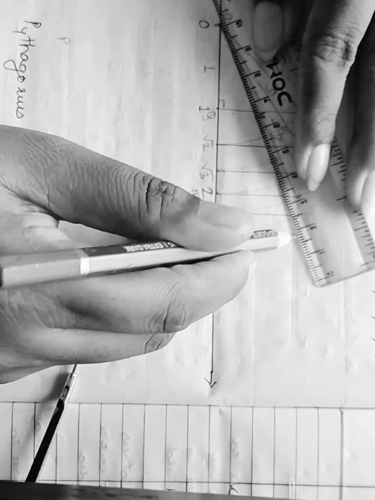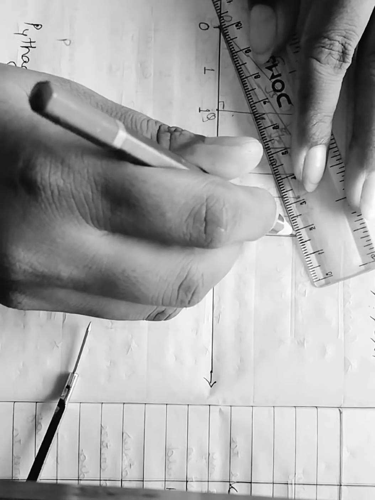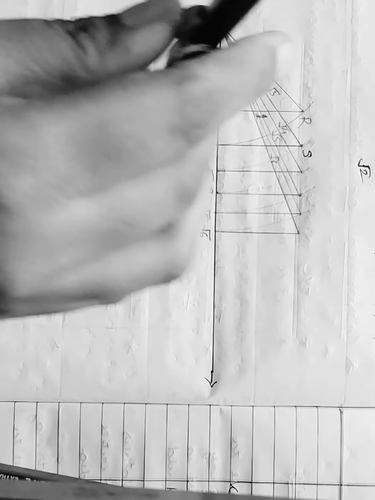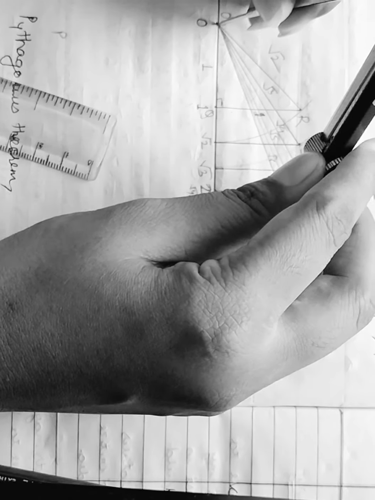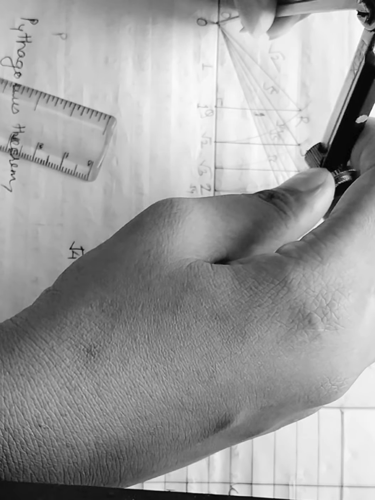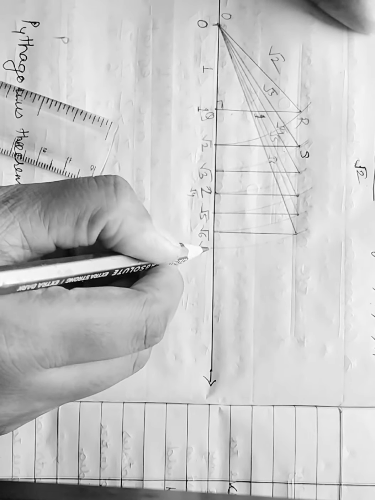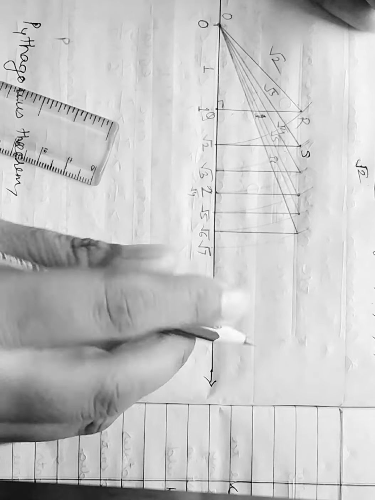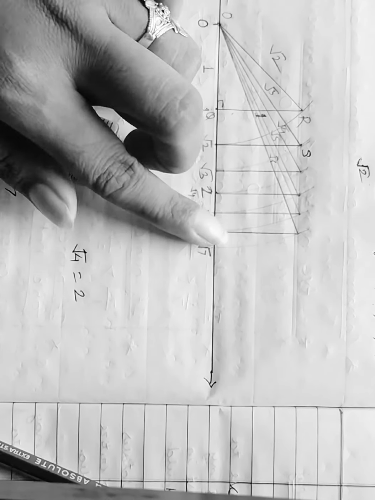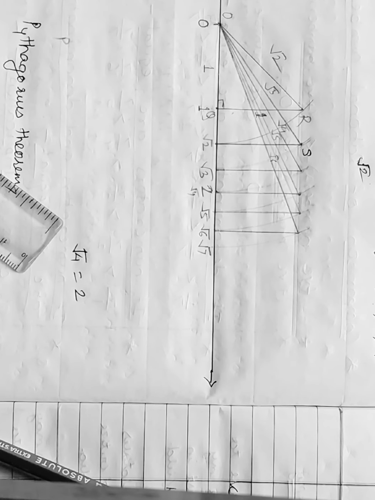You have to make a right angle triangle, and take the hypotenuse as your distance to draw the irrational number. Now see, this is your square root of 7, and so on. You can draw all the numbers, root 7, then root 8, root 9. Root 9 means again it will be 3. It will come on 3.